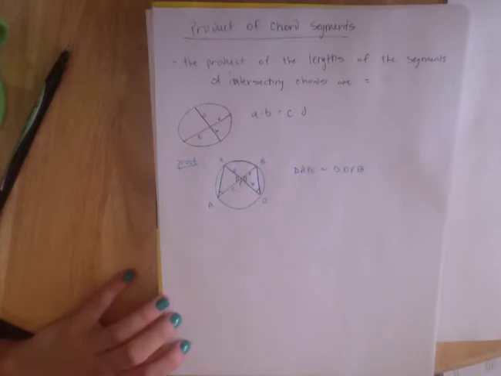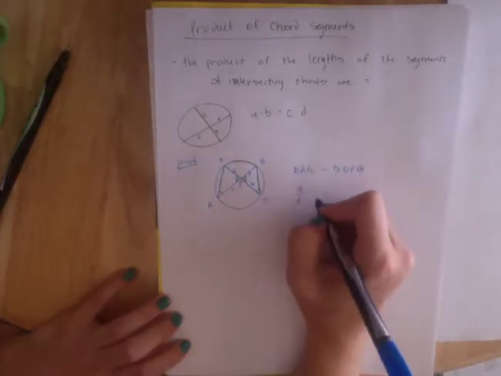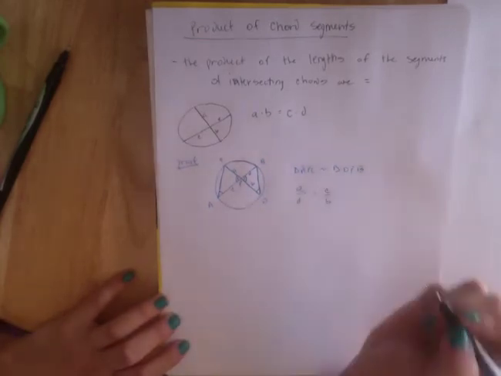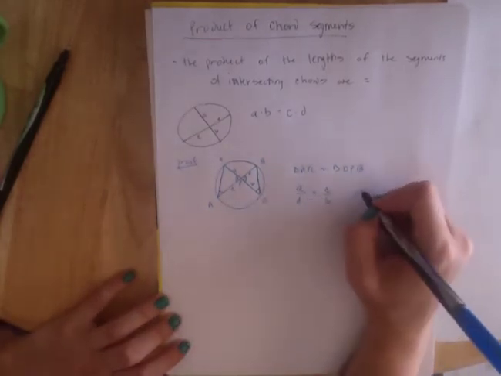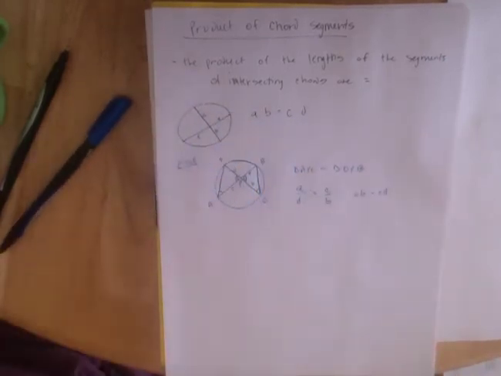And since that is true, I can set up ratios. I can say that A over D is the same as C over B. And if I cross multiply, AB equals CD, which is exactly what we had earlier.